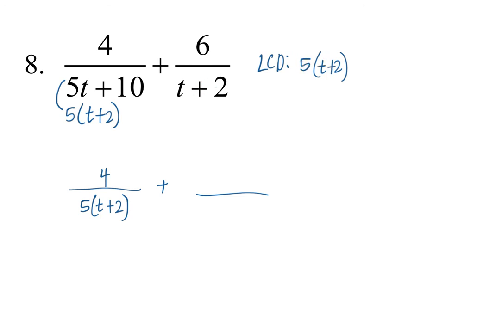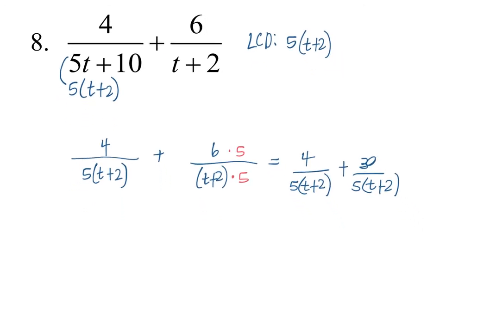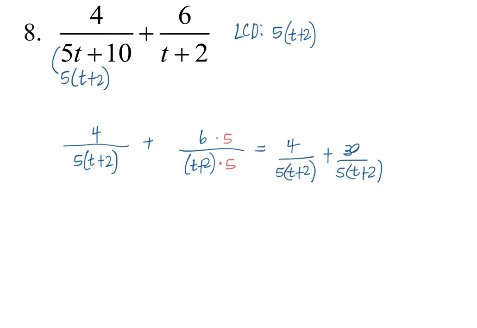It's missing a 5. So t plus 2 gets multiplied by 5, and what you do to the bottom, you must do to the top. So that comes out to be 30 over 5 times t plus 2.